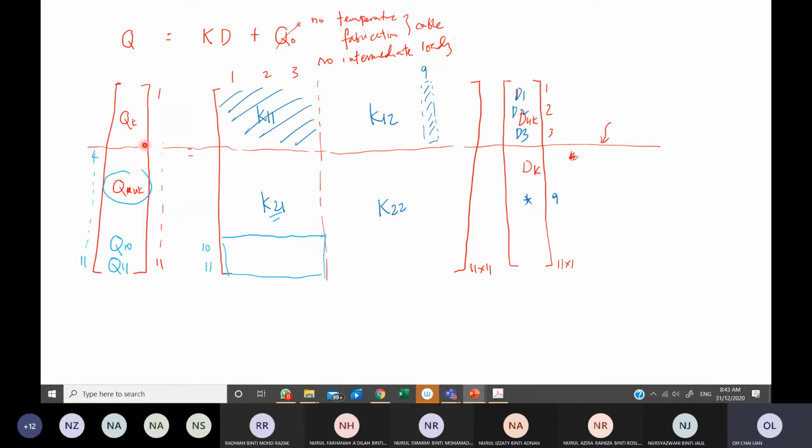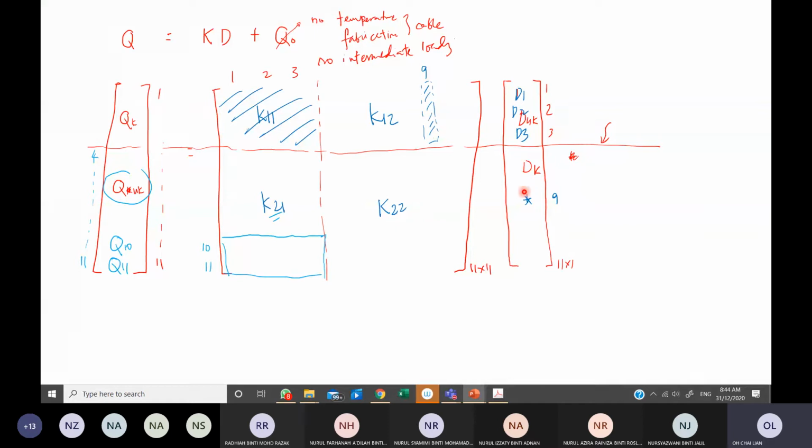So you can make a partition here. Then you can immediately know that the QUK is opposite to the DUK, if you arrange your DOF numbering properly earlier, and the QK will be opposite to the DK.